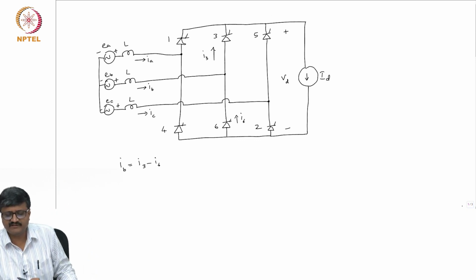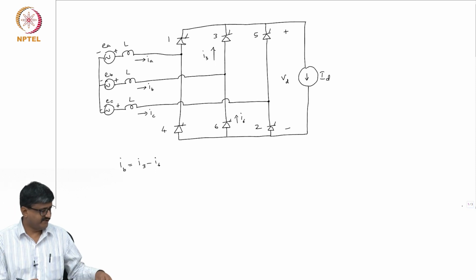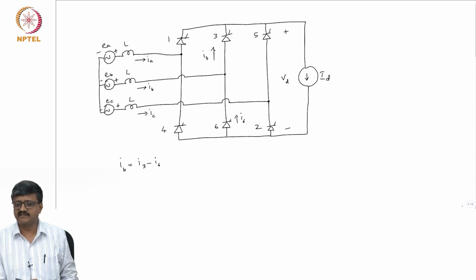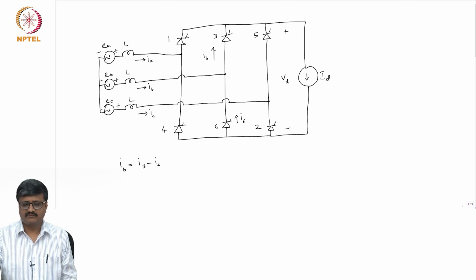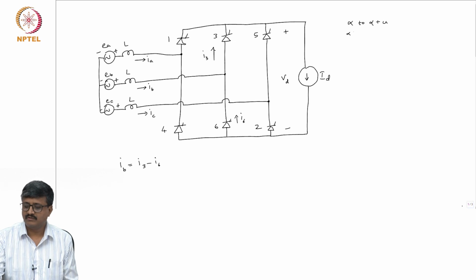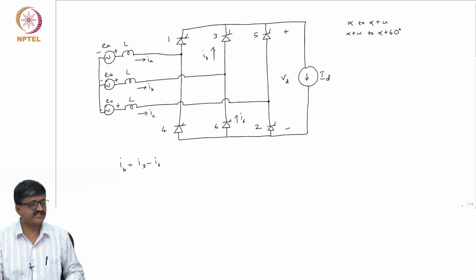Now, we also saw that there are 6 intervals and 12 sub intervals. If you look at the table, the first sub interval is from alpha to alpha plus u, alpha plus u to alpha plus 60 degrees.